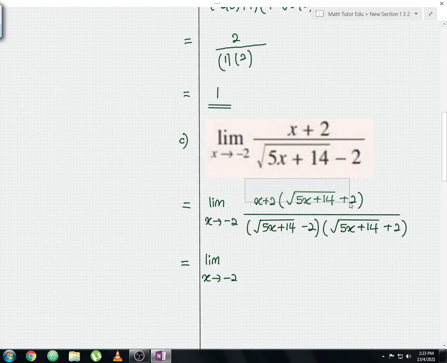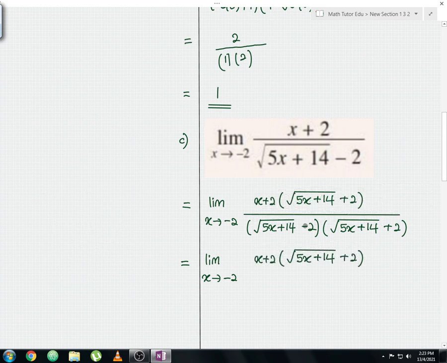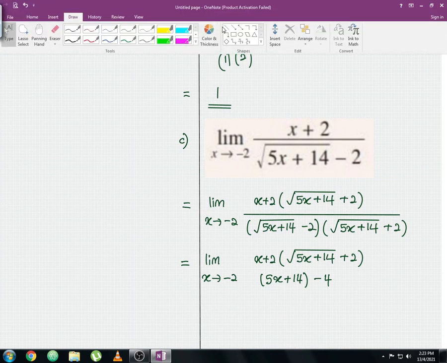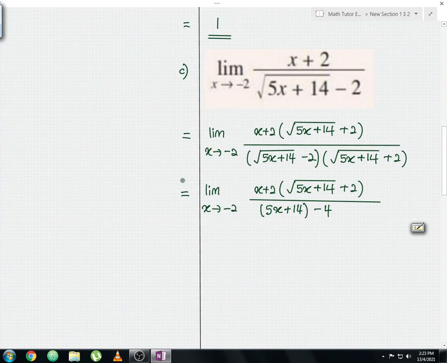The numerator you copy paste, and the denominator you should get 5x plus 14 minus 4. So continue to the next step.